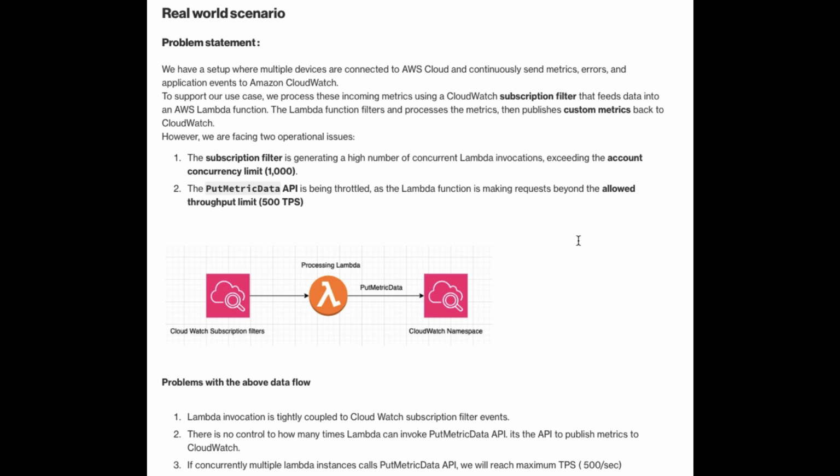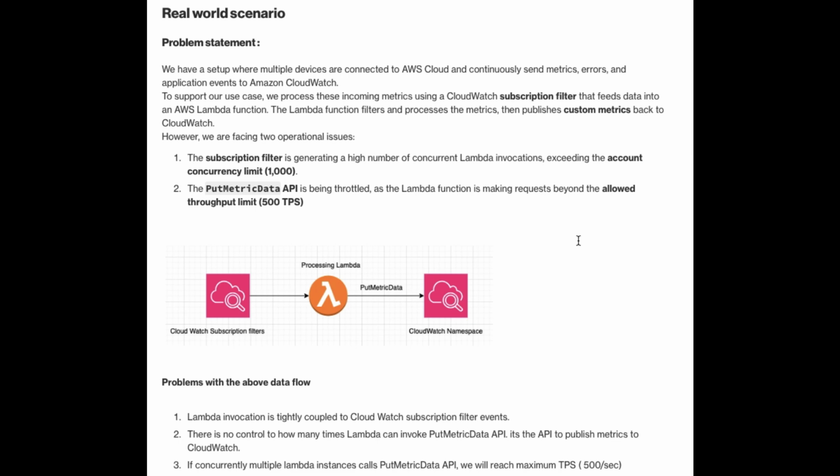was directly invoking the Lambda, and due to the input events from the devices, and since we had no separation between the CloudWatch subscription filter and the Lambda, the concurrency limit of the Lambda was exceeding the available threshold.